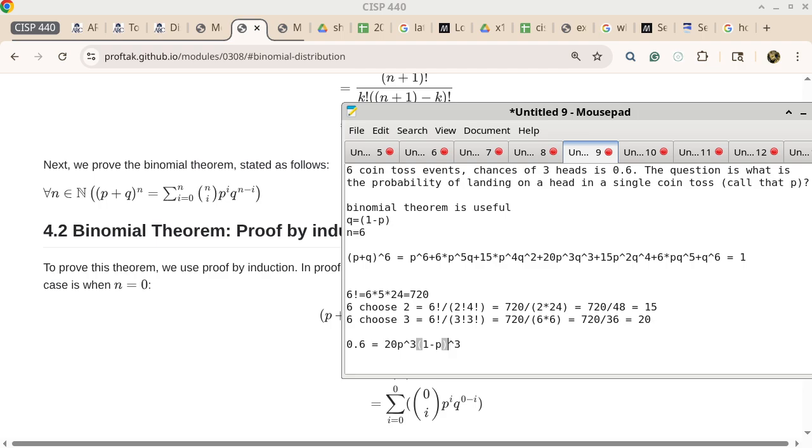Because just to solve for this, how would you solve for this? That's Q. That's how Q is defined. Because Q is representing the chances of landing on the tail, so it has to be one minus the probability of landing on the head. So now we can solve for P.